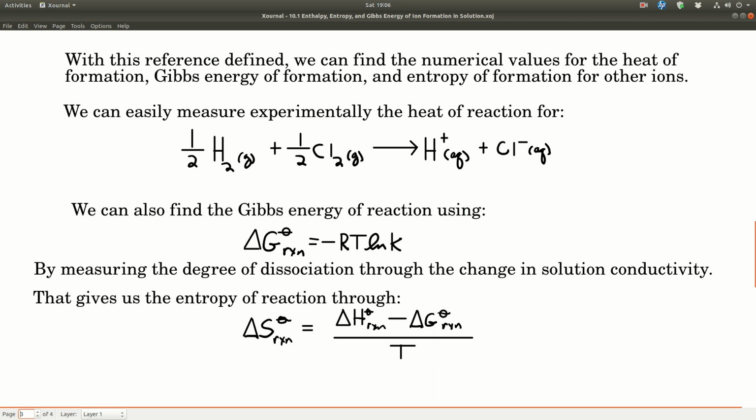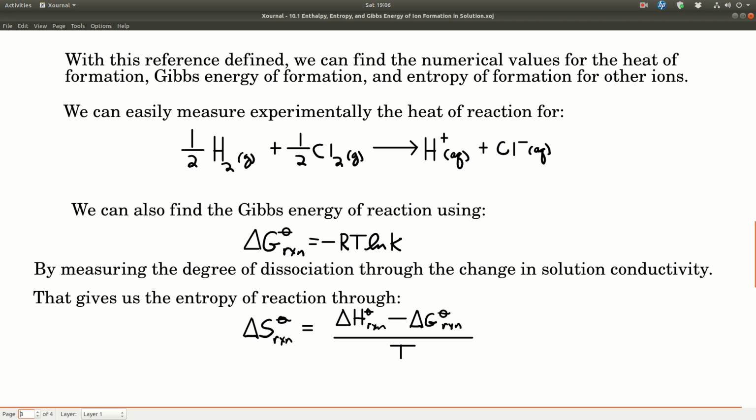So what we do is we perform the reaction and we measure the heat of reaction, delta H of reaction for this reaction. We can find delta G for this reaction using delta G under standard conditions is equal to negative RT ln K. We can get K. It ends up by measuring the change in the conductivity of the solution.